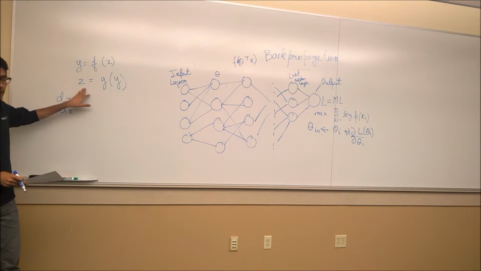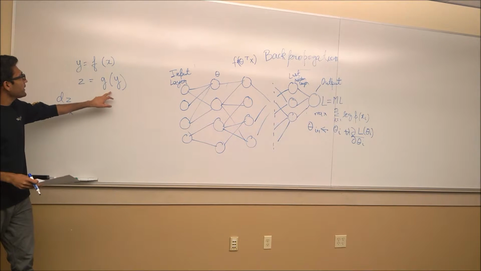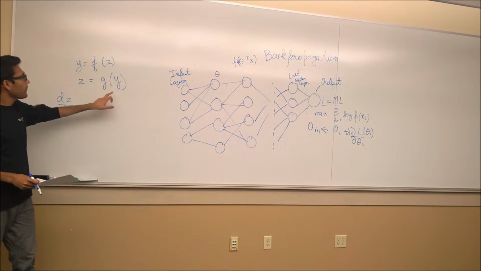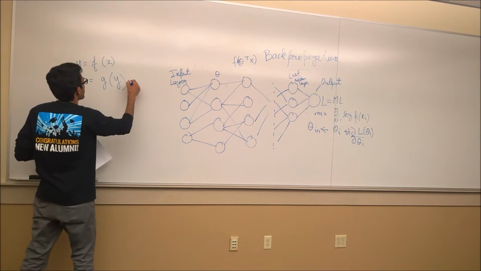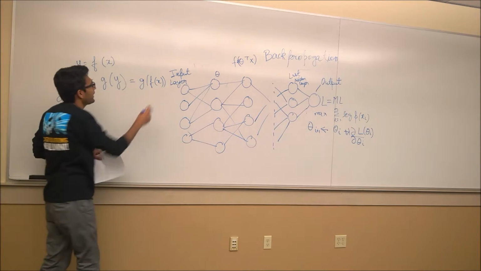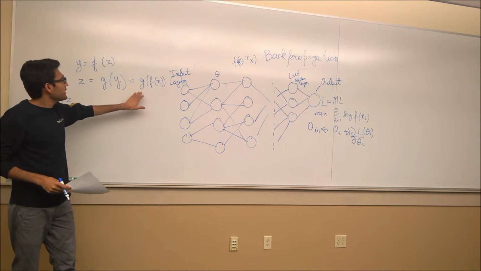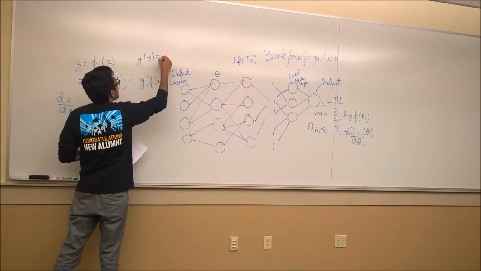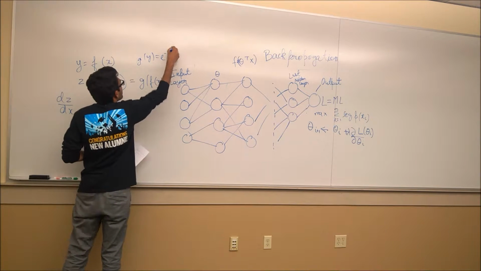Now one way to do that would be if I replace everywhere where I have y with f of x, and let's say g of y was e to the power minus y square, right?